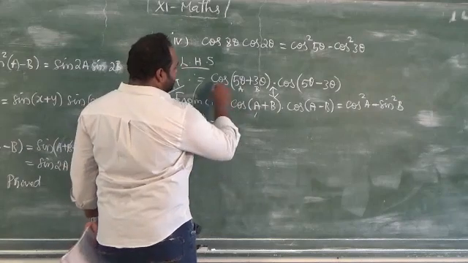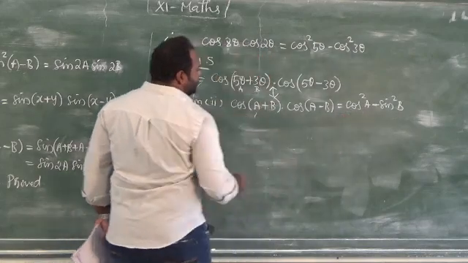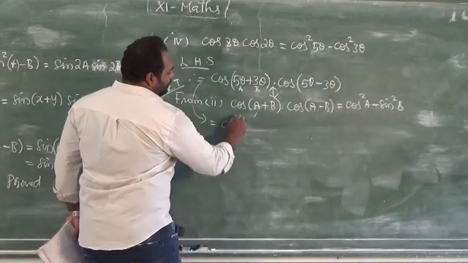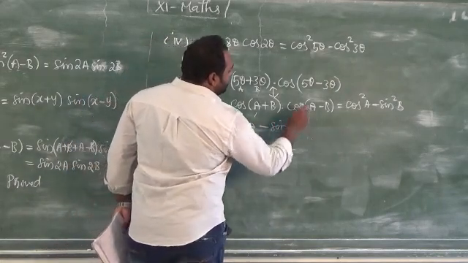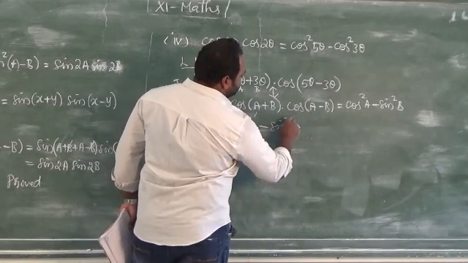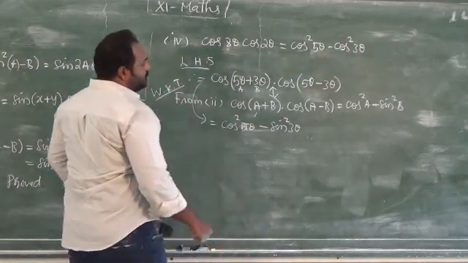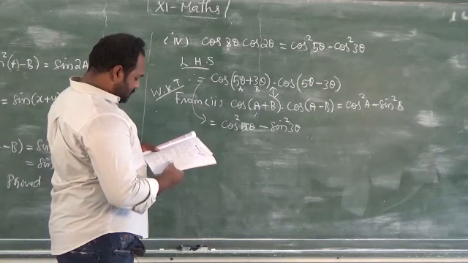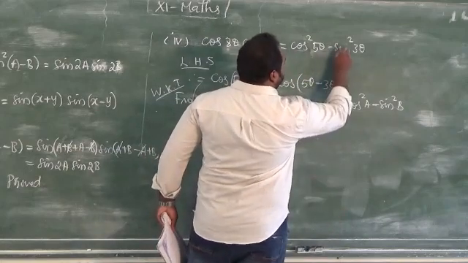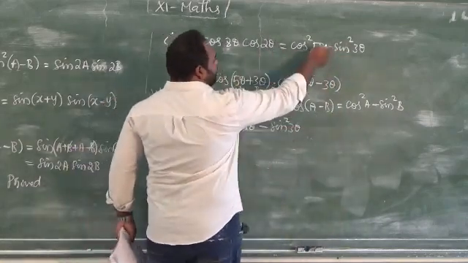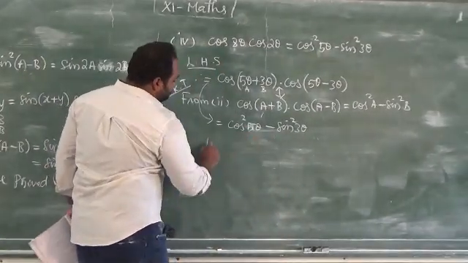So directly after this step we can write the answer by using the second subdivision: cos square a, here a is 5 theta, minus sin square b, where b is 3 theta. Sorry, this is not cos square 3 theta, it is sin square 3 theta. This is equal to the right hand side of the question. So by using the left hand side, we have found the right hand side. So hence proved.